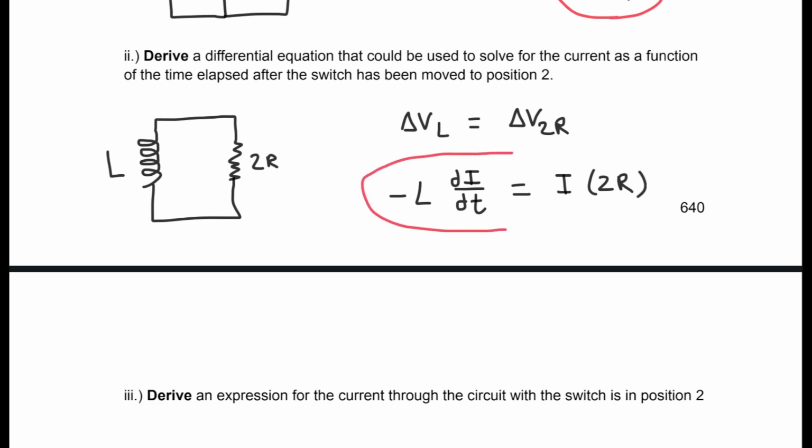And in terms of sign, notice that the signs don't match, that our di/dt is going to be proportional to negative R over L times I, indicating that decaying exponential that we expect.